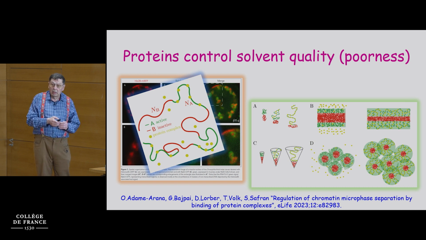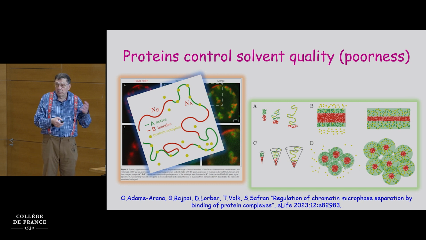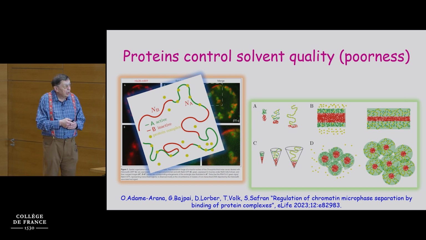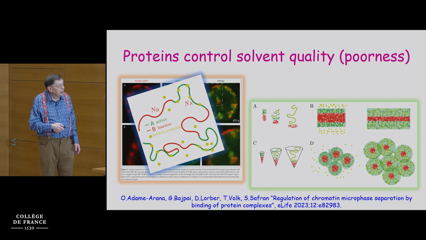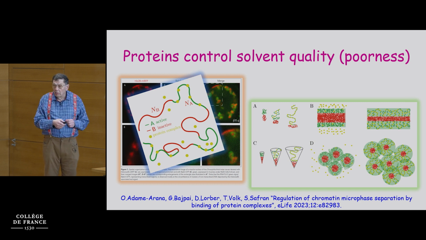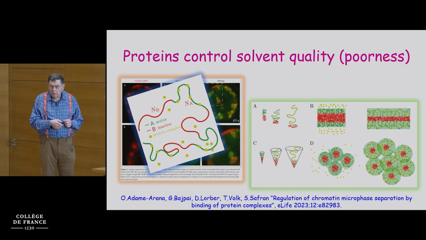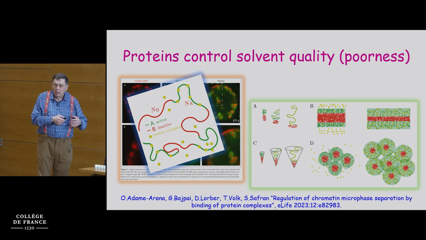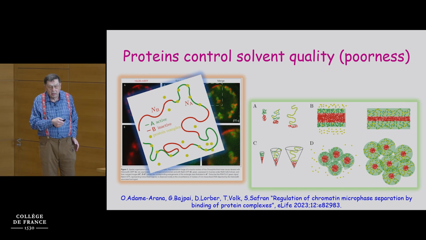And when they attach to the green blocks, they modify the interaction of green blocks with green blocks or green with red. And then, controlling the concentration of these yellow protein complexes, they obtain a variety of block copolymer phases, pretty much the same as in the block copolymer case, maybe not that rich because they did not start to explore the whole richness of this phase diagram, but they obtain a reasonably rich phase diagram.